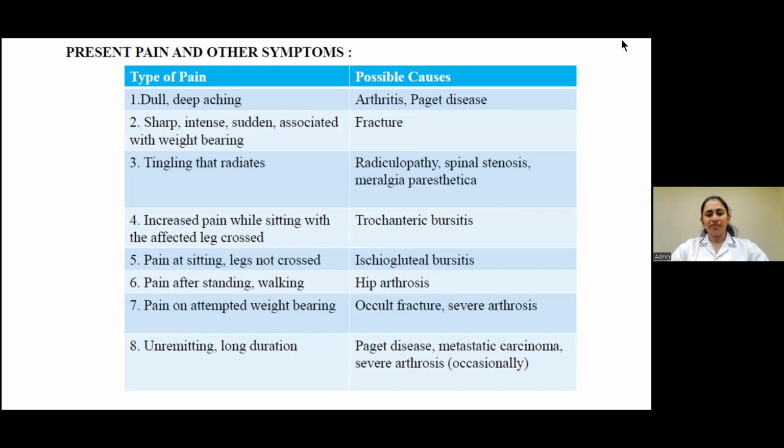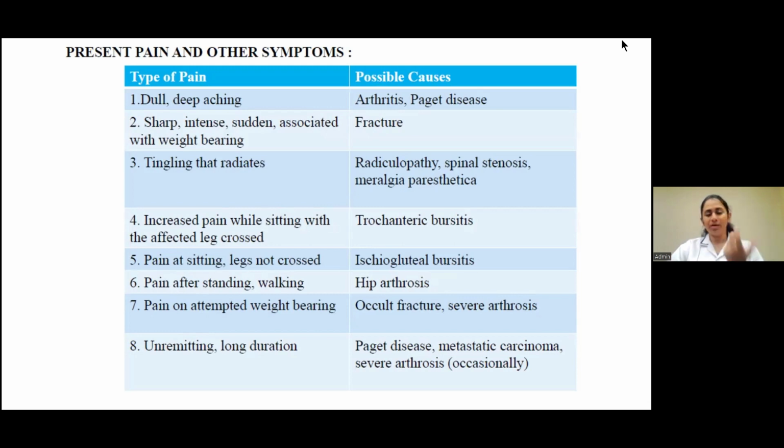And whenever there is long duration of sitting leading to posterior hip pain, it can be indicative of ischiogluteal bursitis. Then pain after long duration of standing and walking, which has continuous axial loading happening at the hip, can be indicative of hip arthrosis, sometimes even severe arthrosis, or even an occult fracture.